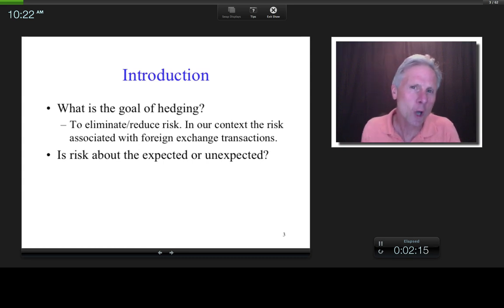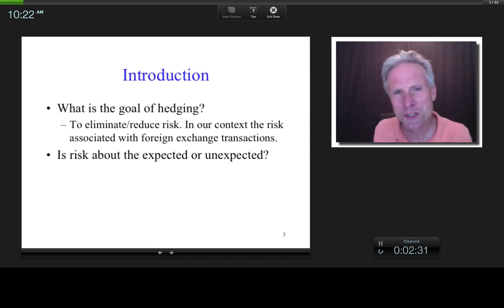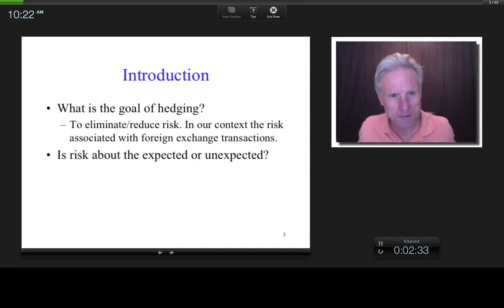So we said the goal of hedging was to eliminate or reduce risk associated, in this example, with foreign exchange transactions. So when we think about hedging foreign exchange transactions, are they providing you protection, managing or eliminating or reducing this risk, against expected exchange rate changes or unexpected exchange rate changes?